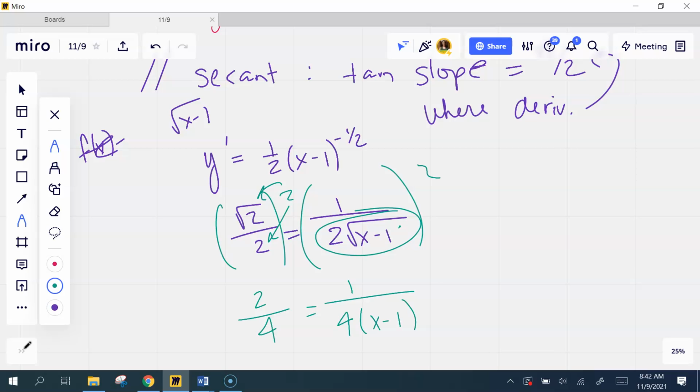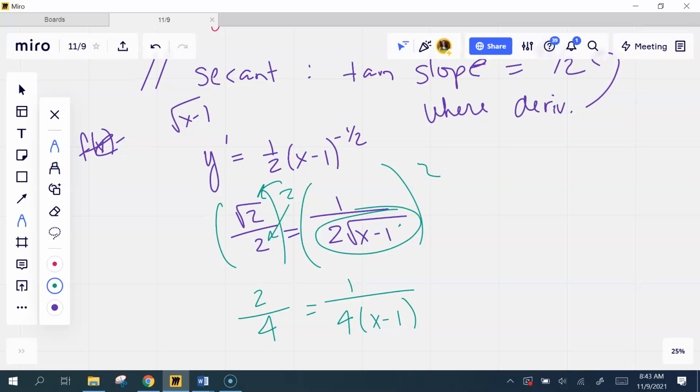Can you tell me how you wrote the second part with the 1? You're talking about how I got here? Because this exponent is negative, it moved to the bottom, and a 1/2 exponent is a square root. Or it goes to the top.